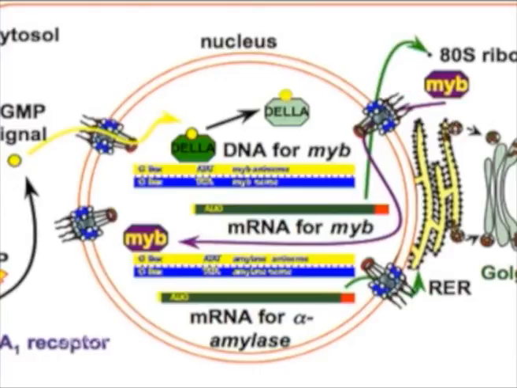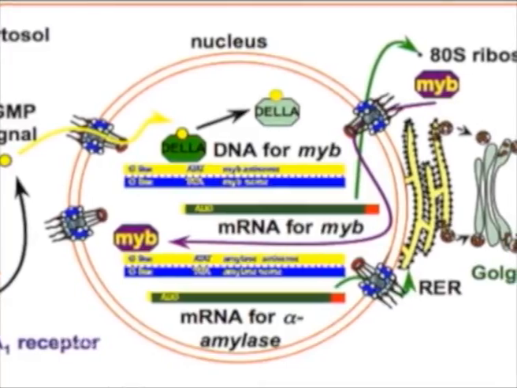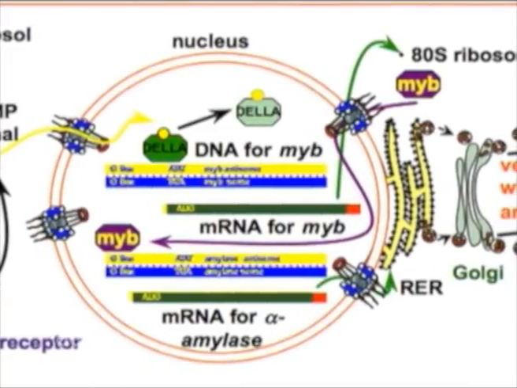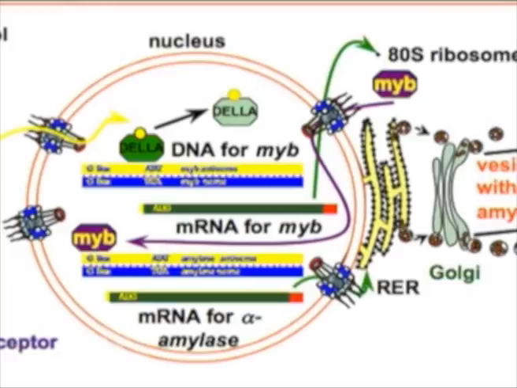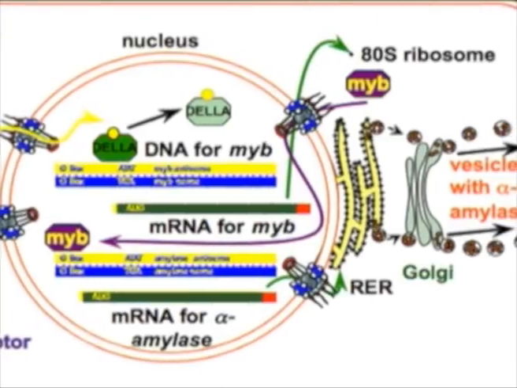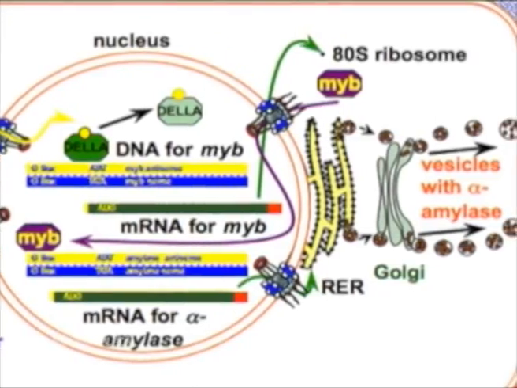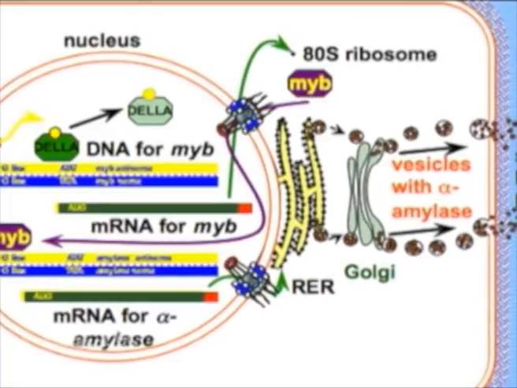This protein acts as the transcription factor, enters the nucleus and binds to the promoter gene of alpha amylase. The alpha amylase messenger RNA transcription is activated and later translated to alpha amylase on the rough endoplasmic reticulum.